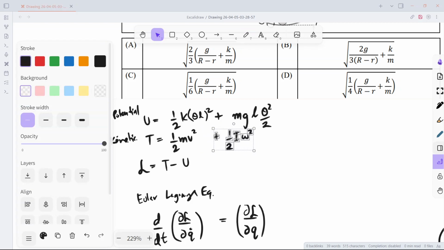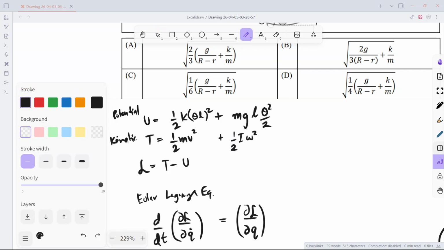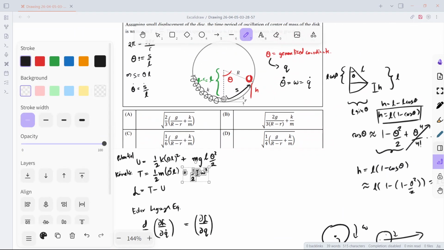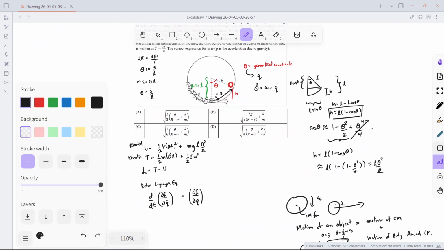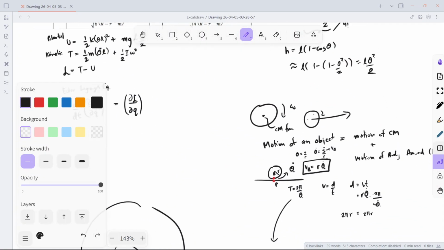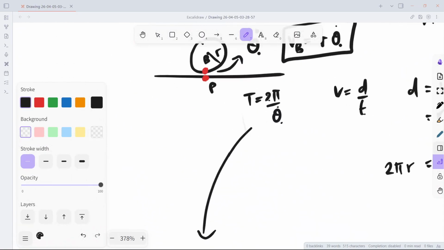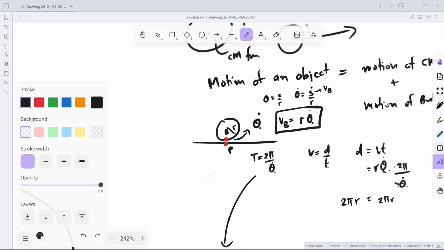The kinetic energy will still be half m times theta dot L, so the kinetic energy will be related to this lever arm, but the rotational energy will be related to this small lever arm.